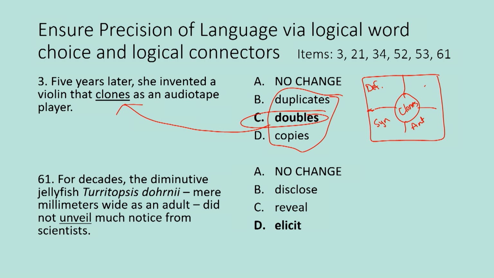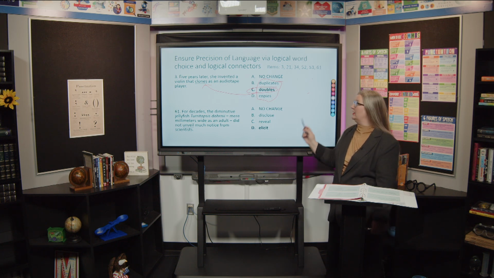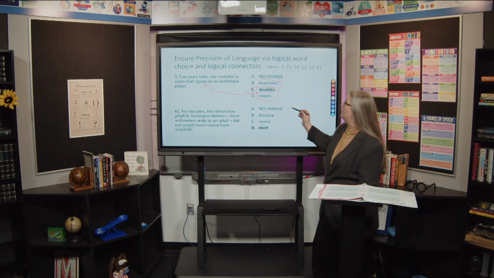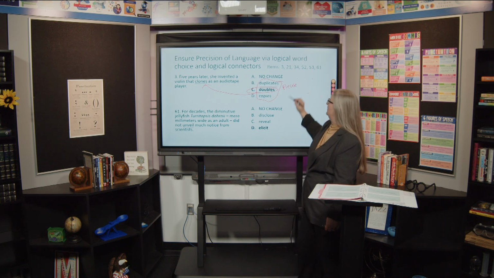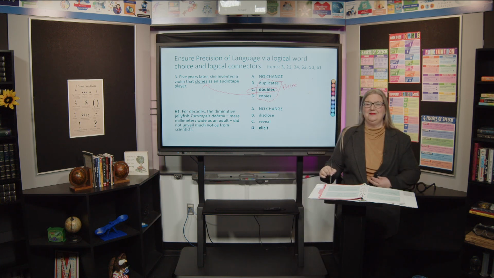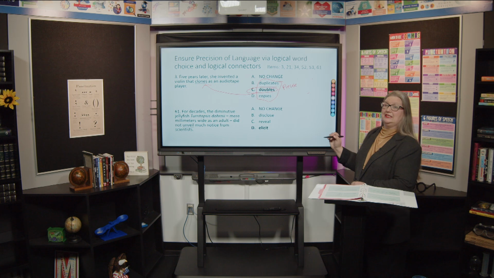So all of these words would fit under synonyms for the word clone, but each of those words has a different connotation as well. And so we have to look at what all of that looks like and that best answer choice, okay? And so the best answer choice for number 3 for the most precise word is the word doubles, okay?